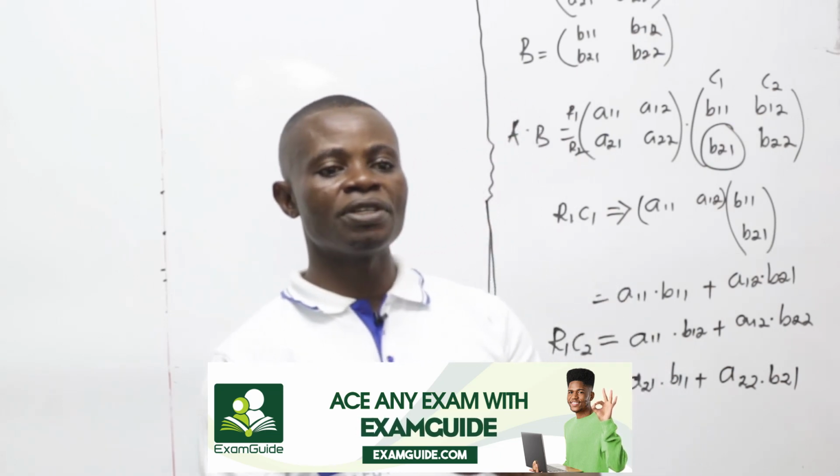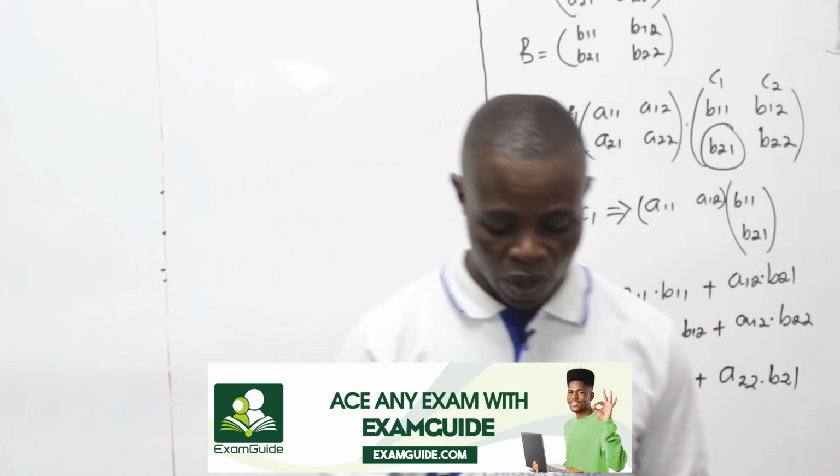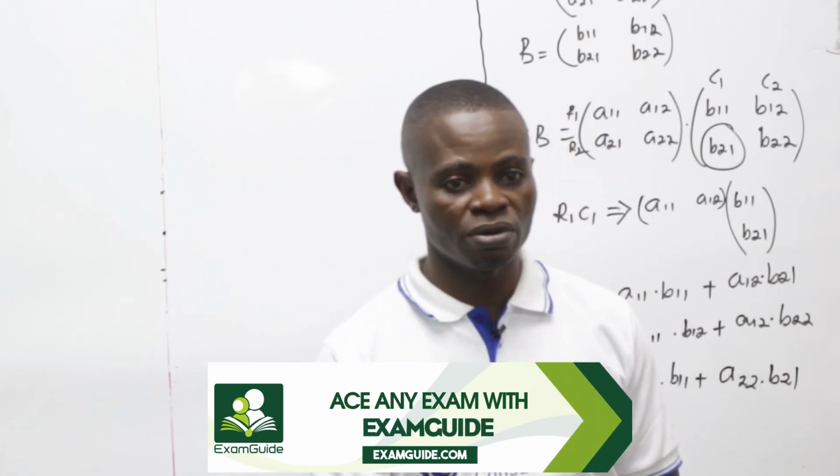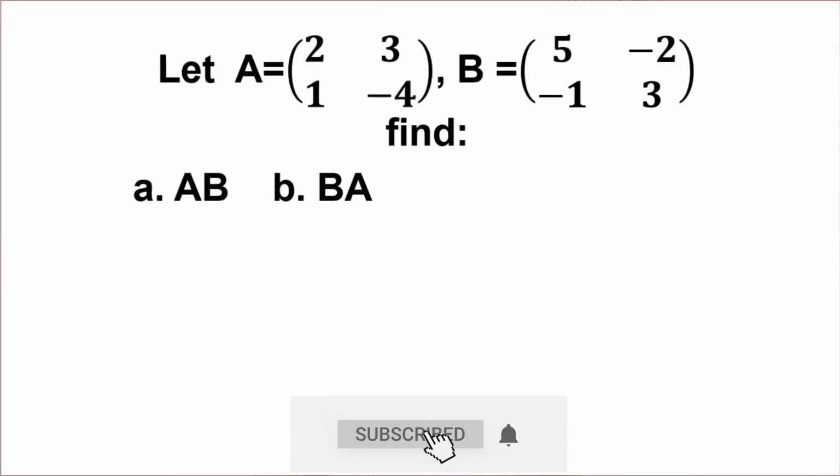So I know if it is multiplication conformable or not multiplication conformable. Let A equals 2, 3, 1, minus 4, B equals 5, minus 2, minus 1, 3.